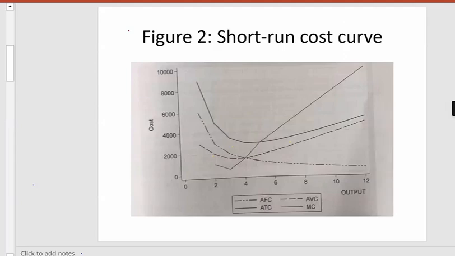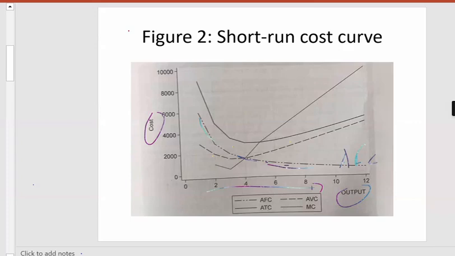Kwa hiyo unaweza ukaona hata this graph here is just an illustration kuonyesha namna ambavyo zinacheza. You can sketch it well, showing this is the cost, this is the output. For example, this curve here is for average fixed cost. That means it is sloping continuously as output increases.